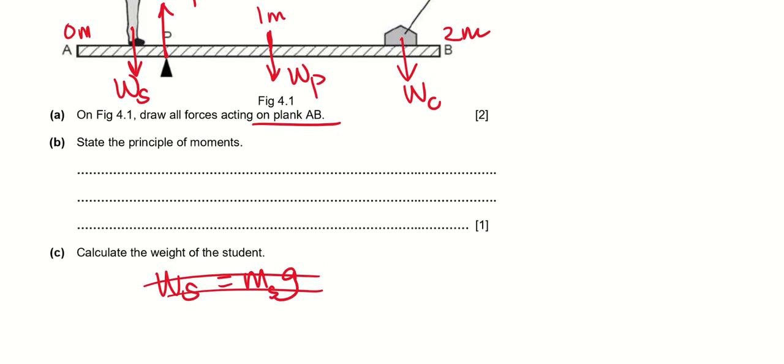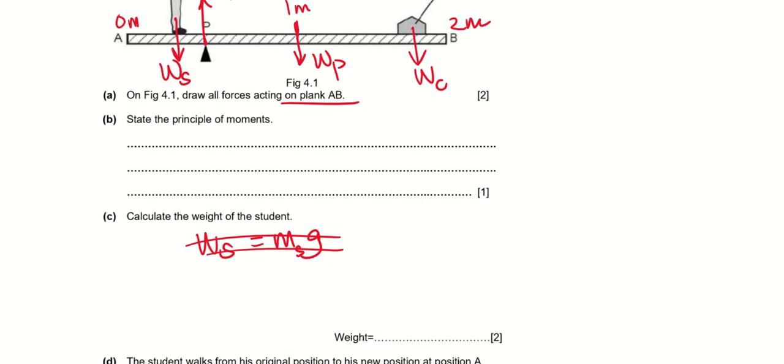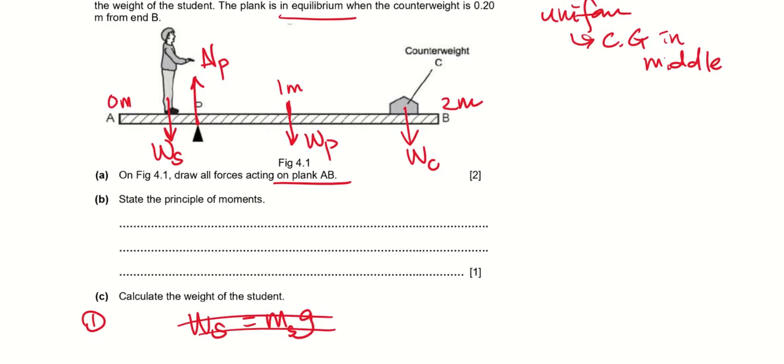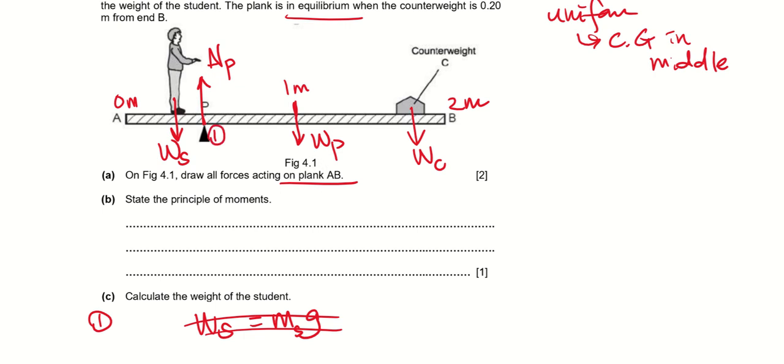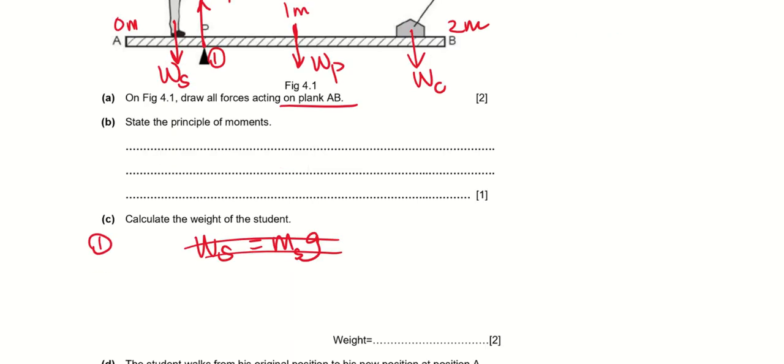So that means we have to solve using the pivot moments method. So the first step is, where's the pivot? The pivot is here. Then the second step, how many forces do we have?